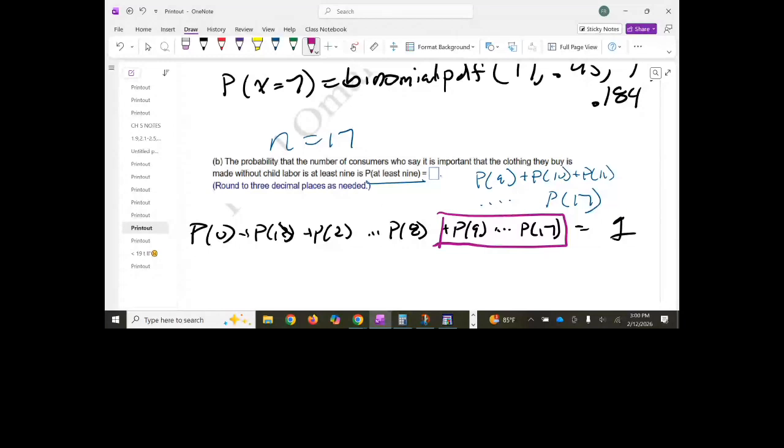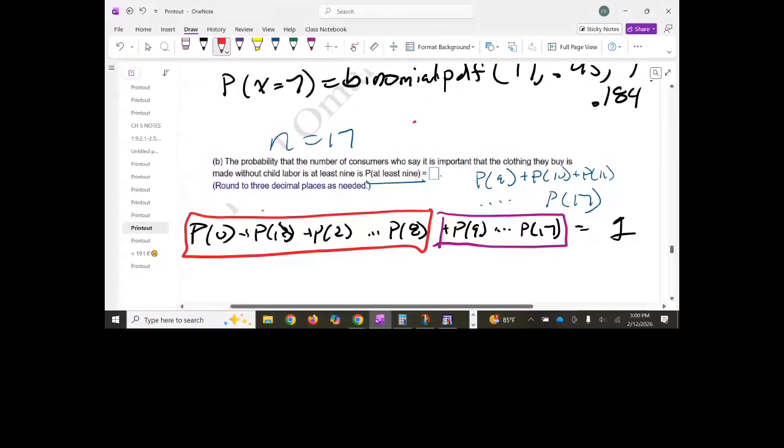Now, the reason why I'm telling you this, y'all, is that on my calculator, it would be easy for me to find this part if I knew what this number was, even though I'm looking for this number. Once I find the number in red, couldn't we take 1 minus that number and it would leave me with this guy right here?